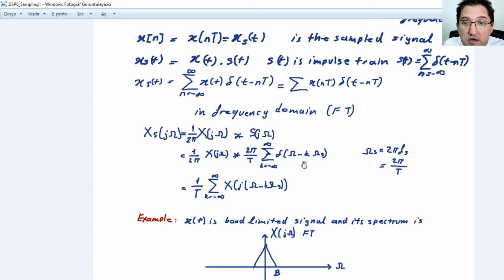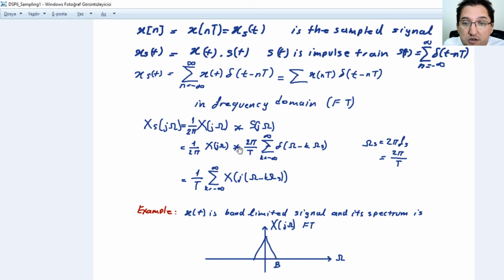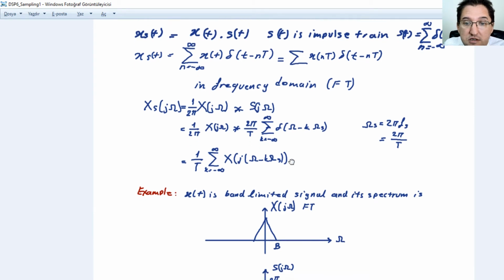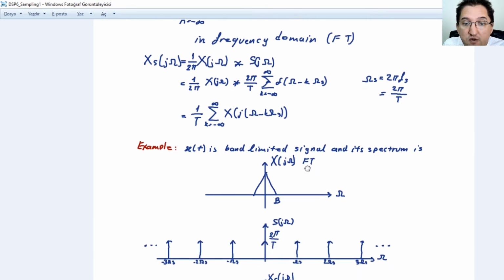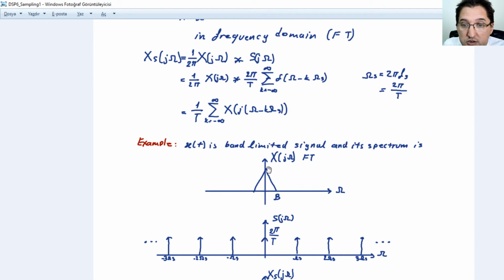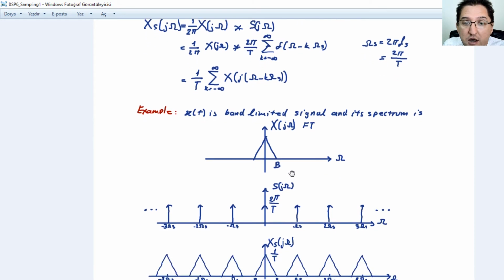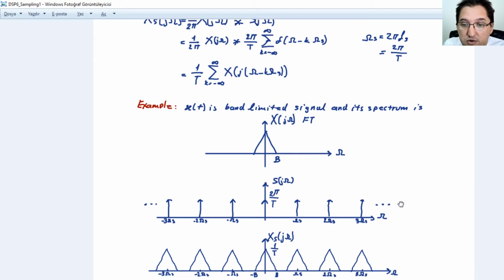As you can see here, the convolution between X and the delta function is the frequency shift of X. For example, we have a band limited spectrum, and the maximum frequency is capital B, as you can see here, and this is the impulse train spectrum, which is also an impulse train.